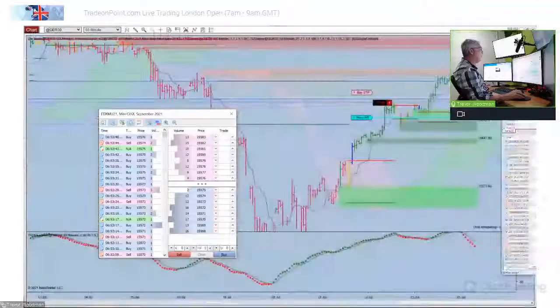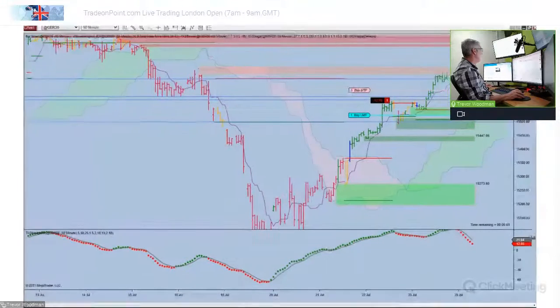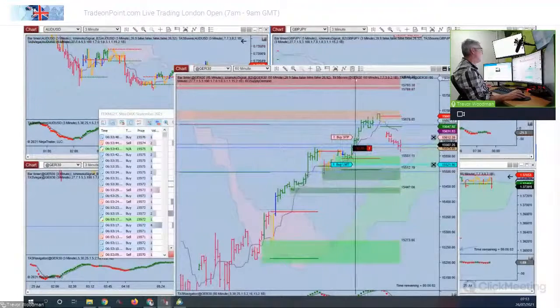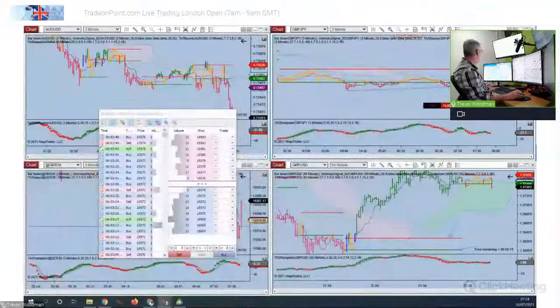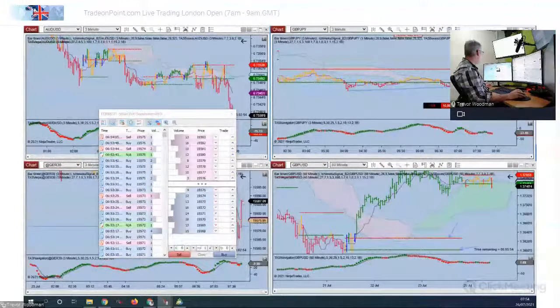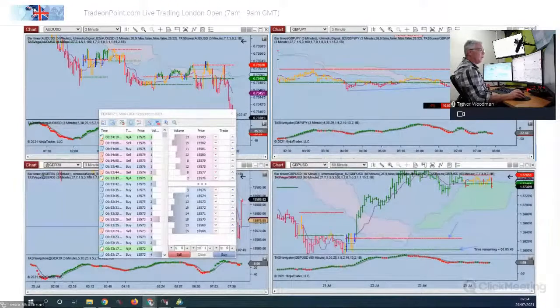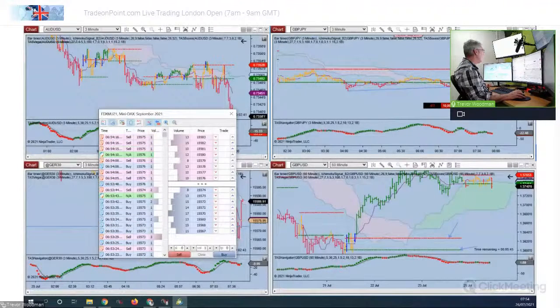So you can see our win to loss ratio is not too bad. That's the thing. Anyone that thinks that they're just going to profit on a trade, you're kidding yourself. It doesn't work that way.